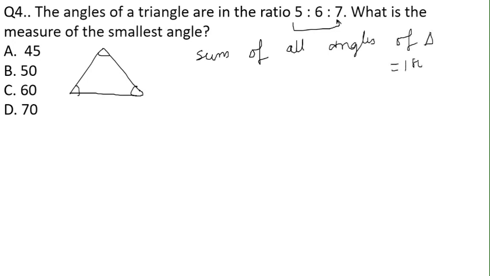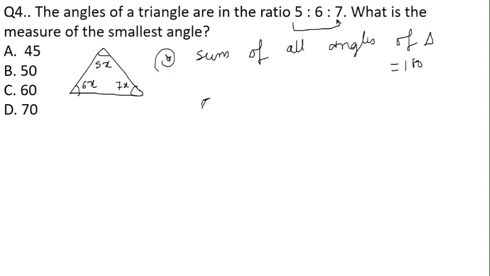We know this. So what is the first angle? Let us consider the first angle as 5x, the second angle as 6x and the third angle as 7x. We cannot consider it as 5, 6 or 7 because this is given in ratio. So we are considering it as 5x, 6x and 7x. This is the common multiple. Here we know that the summation of all the angles of the triangle is equal to 180 degrees.